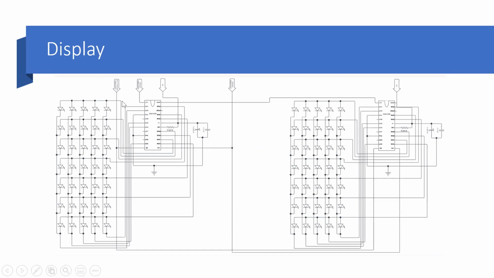So SPI from the main controller will go into the first one and daisy chain to the next one. And we'll have 3 strings of 2 like this, each with their own chip select. And then you just set over SPI what LEDs are on and off, and the driver will control updating the display.